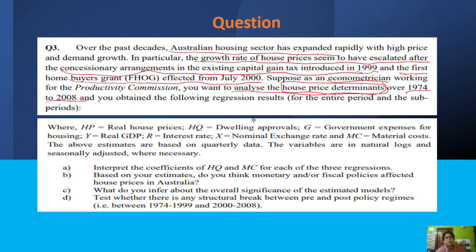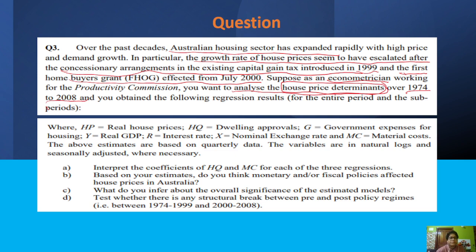Basically in this question we'll be having three results: one before the reforms or policy change, one after the policy, and a full sample of the entire data. So one will be 1974 to 1999, then another will be 2000 to 2008. I'll show you that, but let's focus on the question.